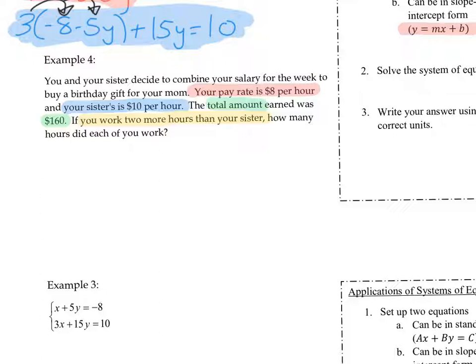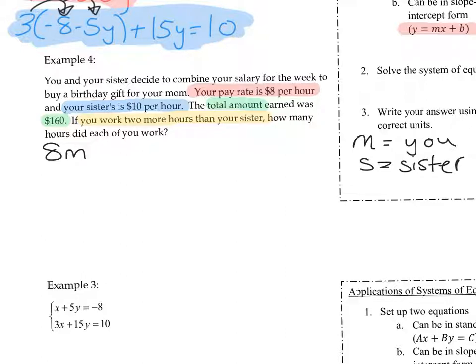to find the intersection. Starting with the red part, it says your pay is $8 per hour. So that rate of change is every hour I get $8. So I'm going to put 8M, where M is you and S is your sister, so that way you know what M and S stand for.